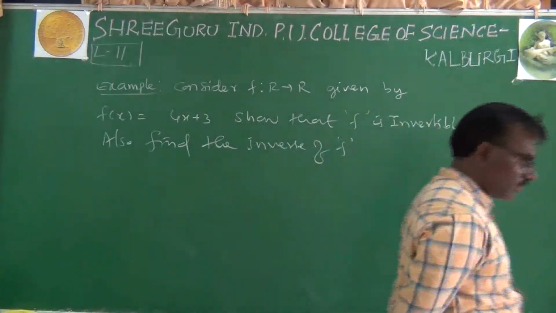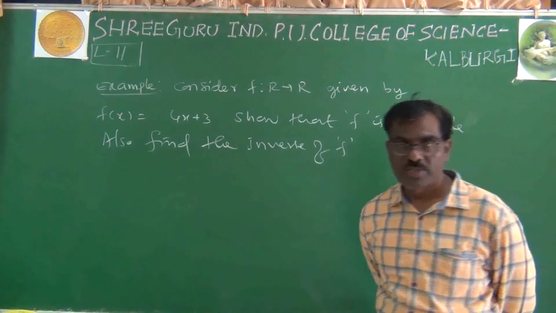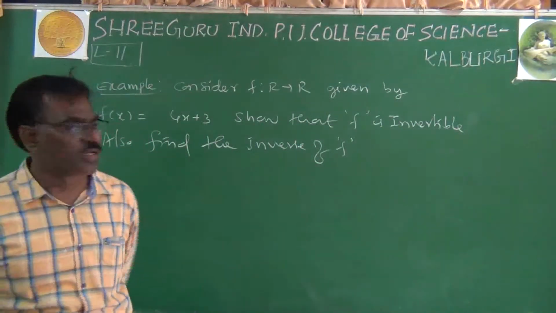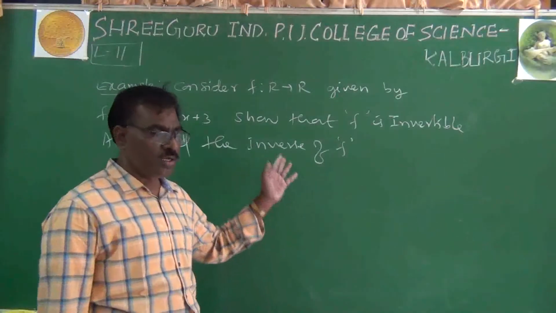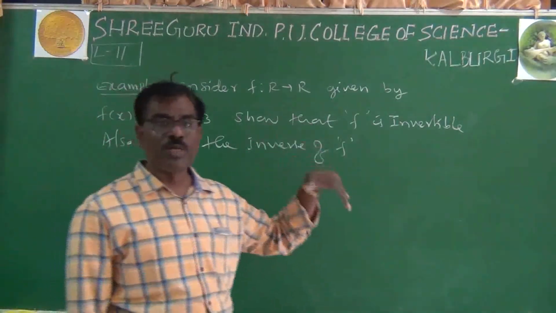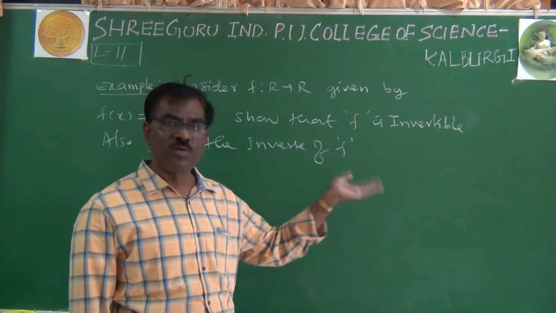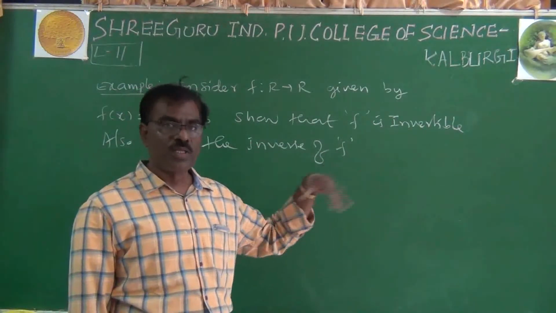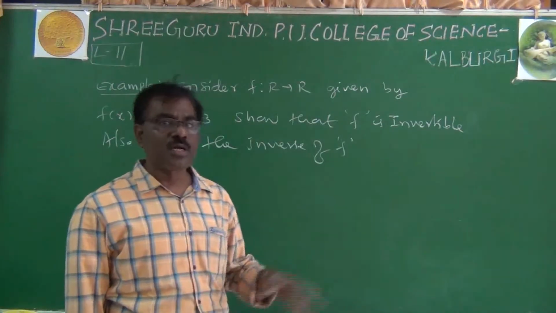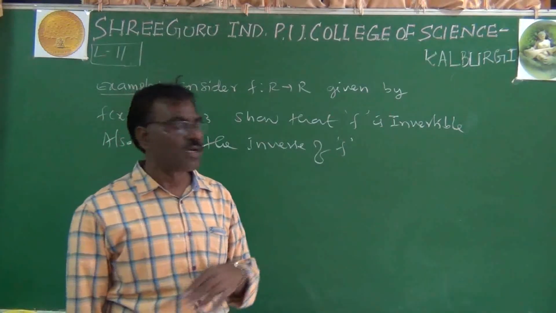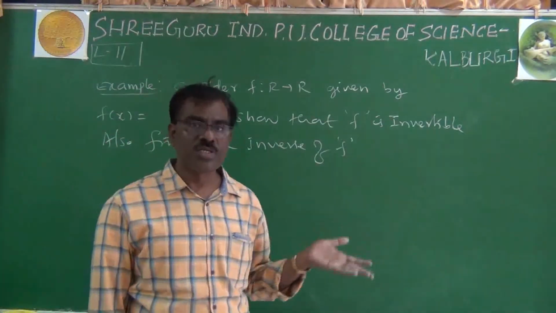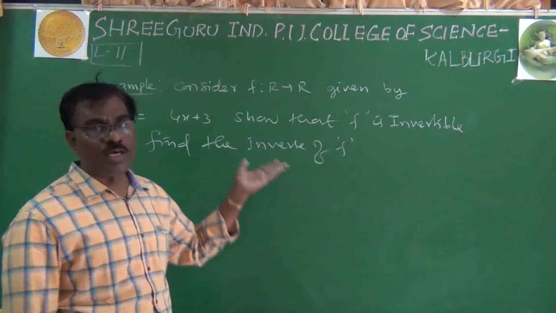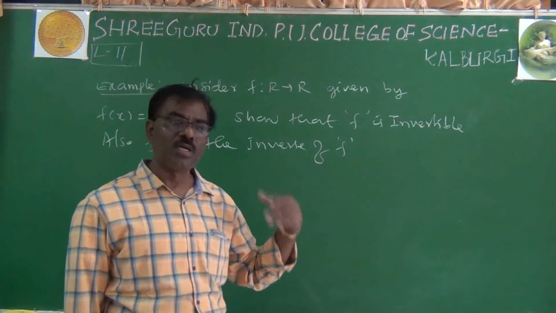Suppose this question is asked as a 5 marks question; there are two methods. Some students take 1-1 and onto, the old method, to show the function f is invertible, and then f inverse of x equal to y, that is the inverse they solve. Other students take composition: g composition f of x equal to I suffix R and f composition g, then f is invertible.